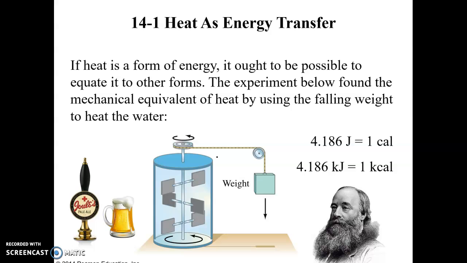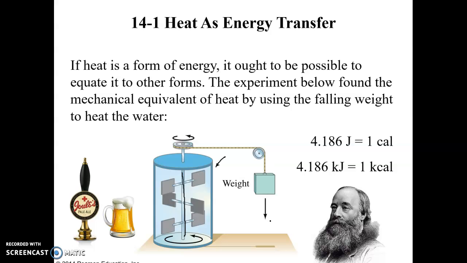What he had was a tank of water, and he recorded its temperature. It was at a certain temperature, and he set up this rig where he had a weight suspended by a rope that went around a pulley and was attached to an axle running through the container, with paddles on it.